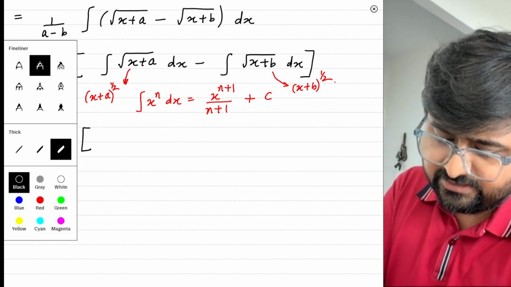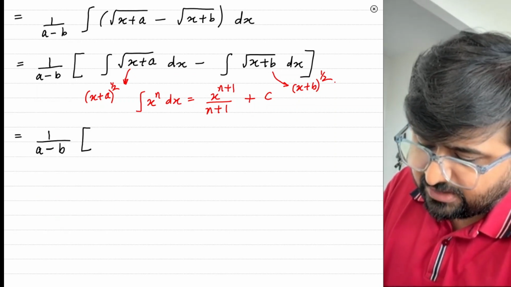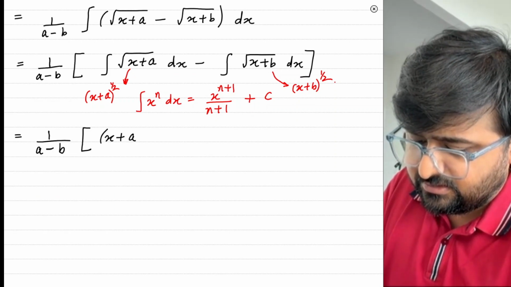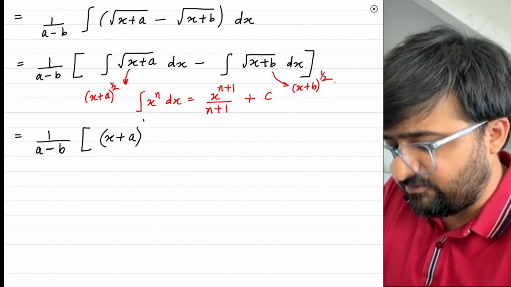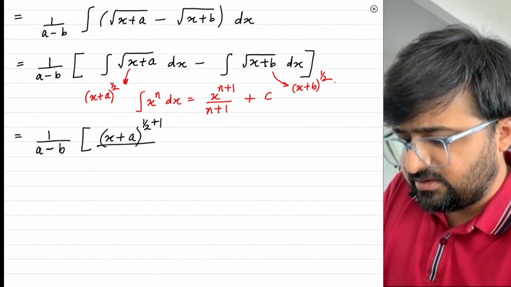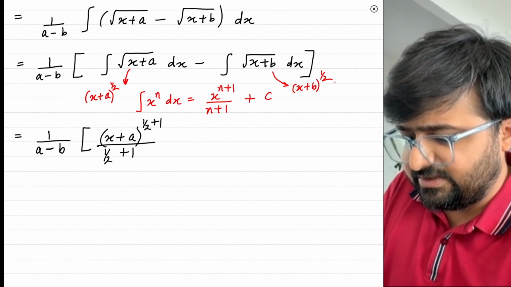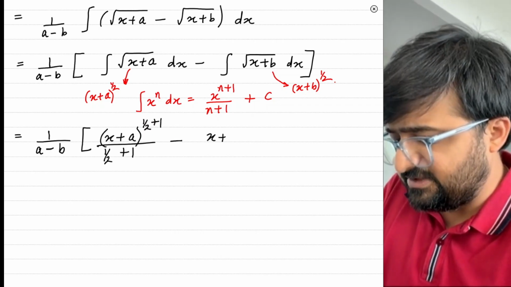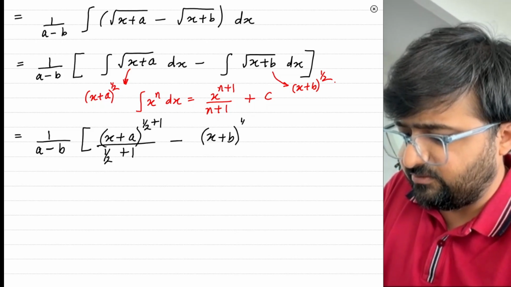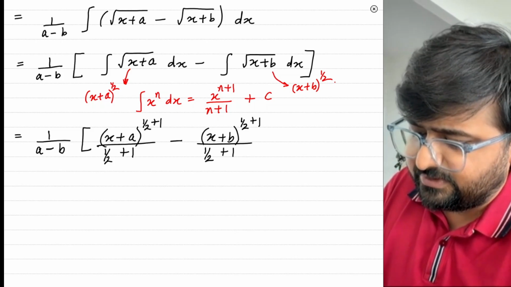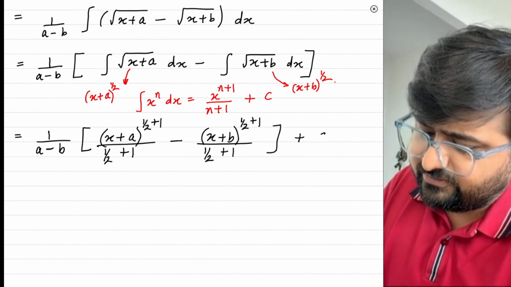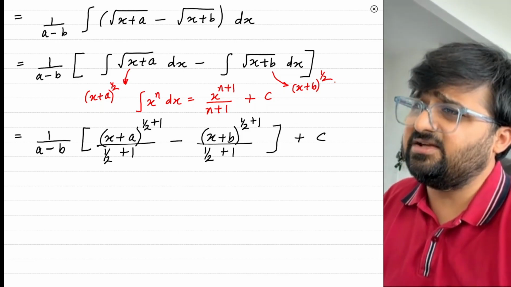So what you get here is x plus a. Because we have x plus a to the power 1 by 2, we get x plus a to the power 1 by 2 plus 1, divided by 1 by 2 plus 1, minus x plus b to the power 1 by 2 plus 1, divided by 1 by 2 plus 1, and let's add the constant of integration c, and that's really your final result.